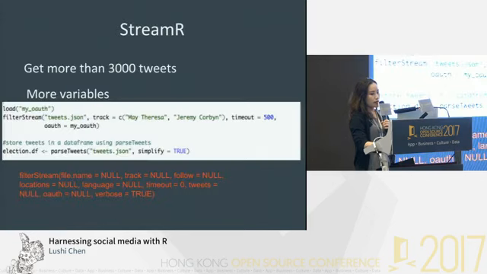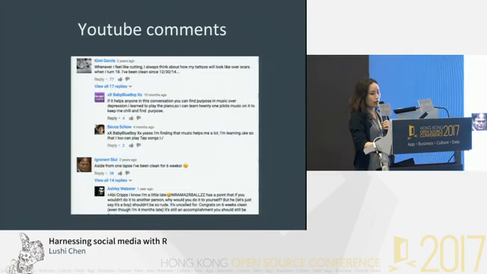Okay, so next I will talk about YouTube. A lot of people do not find YouTube data very useful, maybe because I don't see a lot of studies about YouTube. But I find it is actually as useful as Reddit and Twitter.